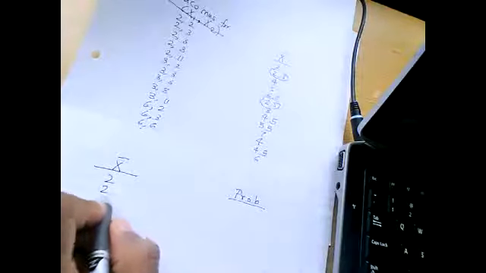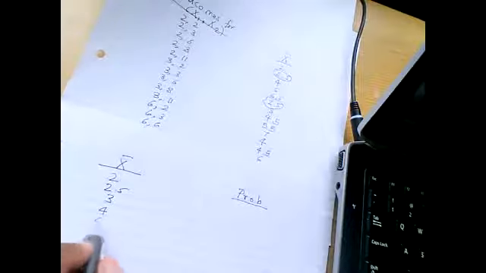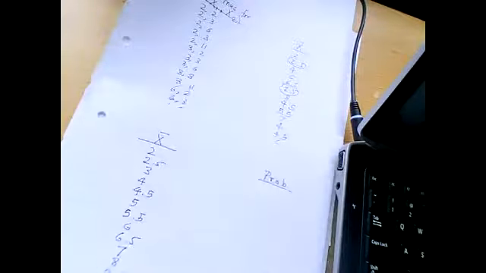So we need to work out the distinct possible values for X bar, which are 2, 2.5, 3, 4, 4.5, 5, 5.5, 6, 6.5, 7, 8, 8.5, 9.5, and 11. So these are the different possible values for X bar.